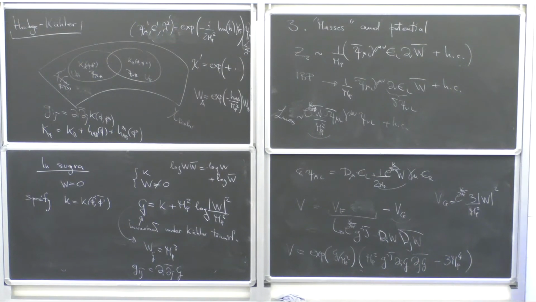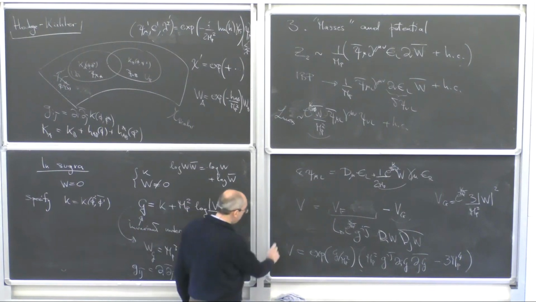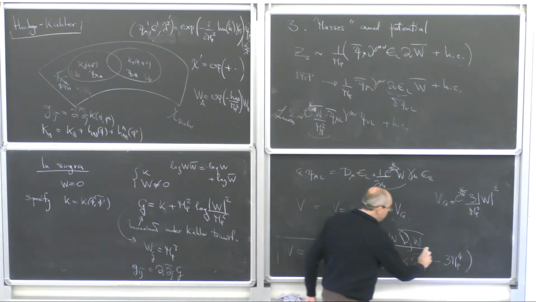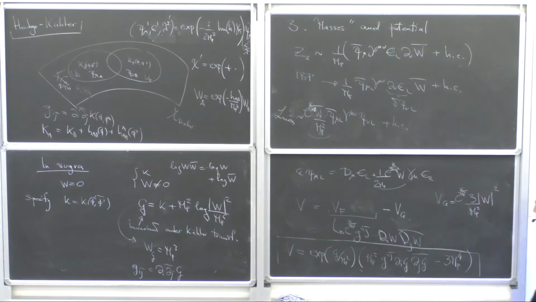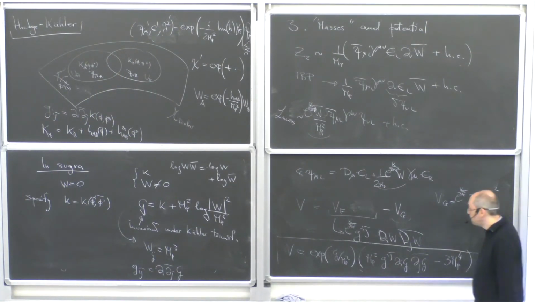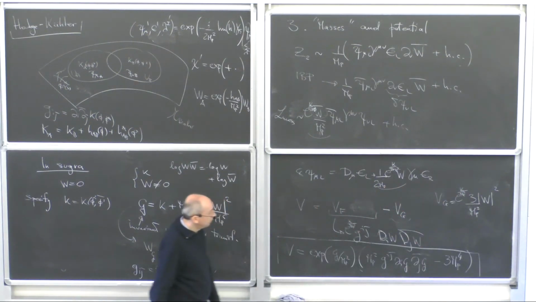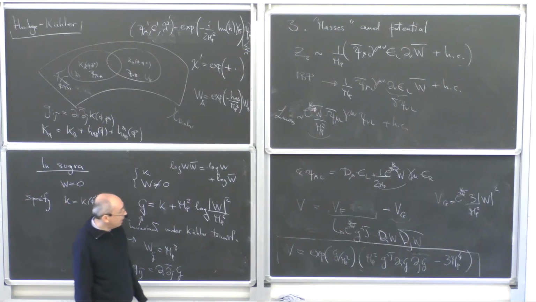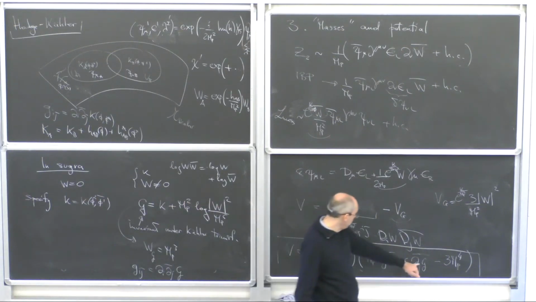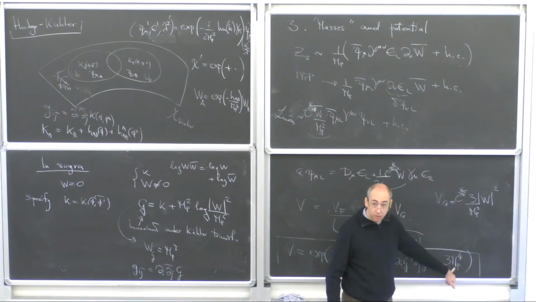As I said, you can reabsorb the superpotential into the Kähler potential by a Kähler transformation, so you're also allowed, if you do that, to rewrite the potential in this fashion. So you see that there is a dependence only on G here, and the part that depends on the superpotential is nothing but a constant.